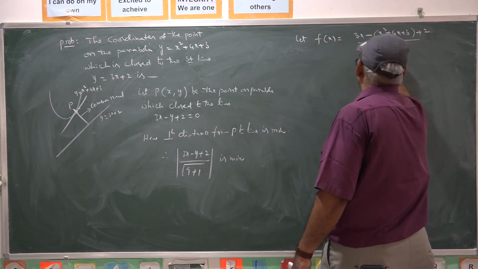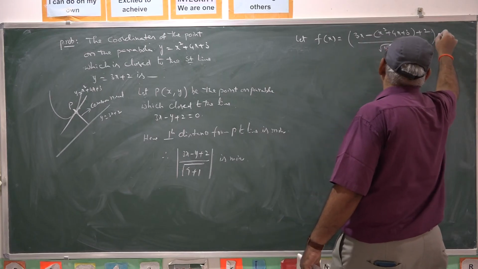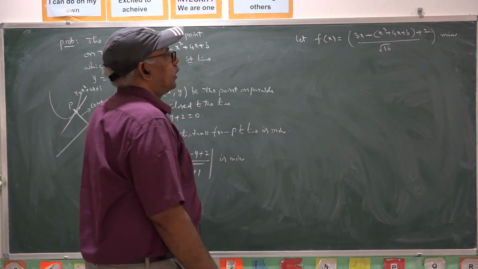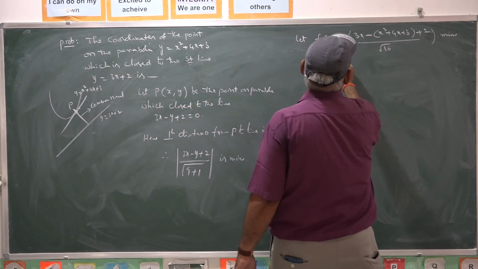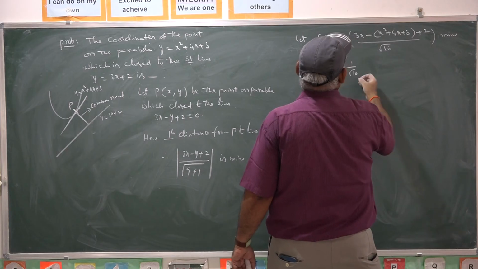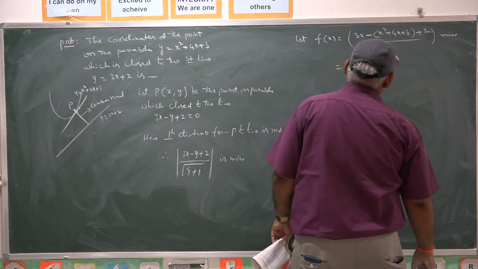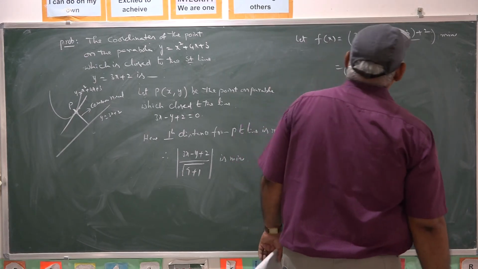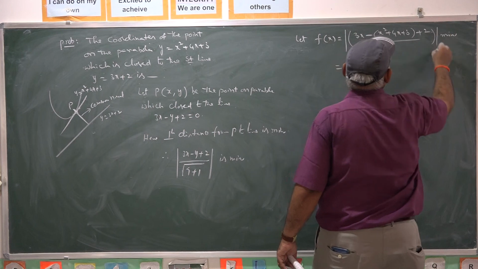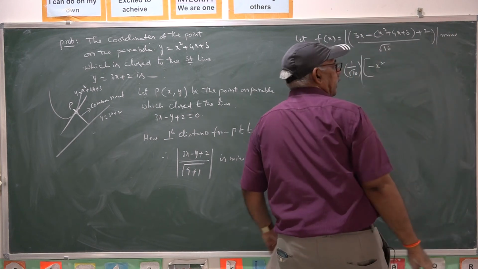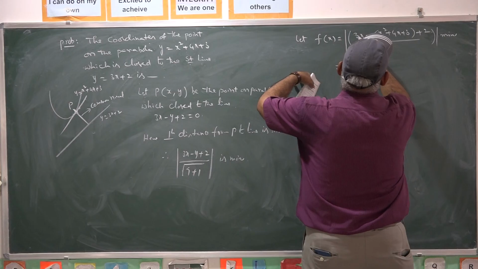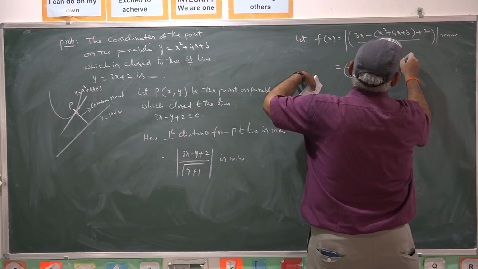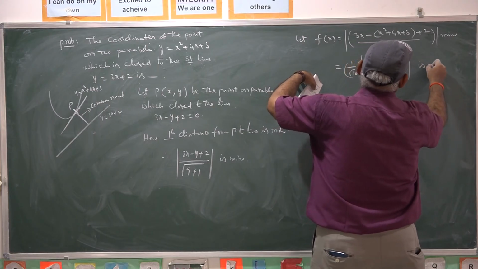So this is 1 by root 10 into the modulus of minus x square minus x. This is minus 3 plus 2, that is minus 1, and this is minimum.